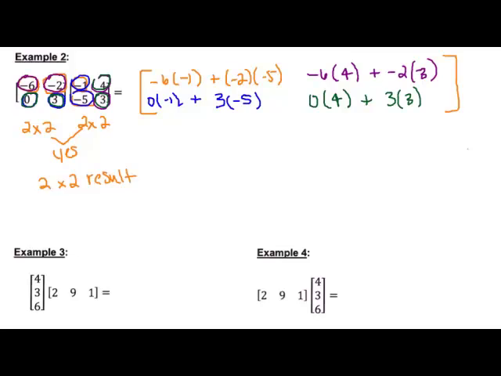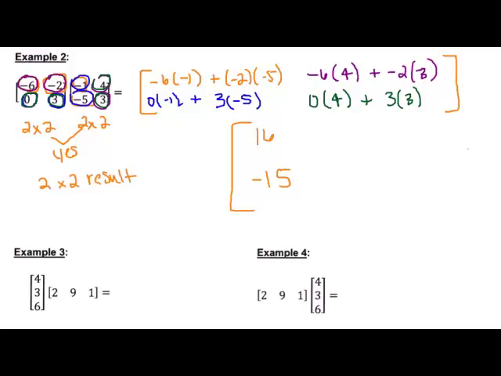So first we have a negative 6 times a negative 1, which is a positive 6, plus negative 2 times negative 5, which is a positive 10. So 6 plus 10 is 16. Underneath that, 0 times negative 1 is 0, plus 3 times negative 5, which is negative 15.